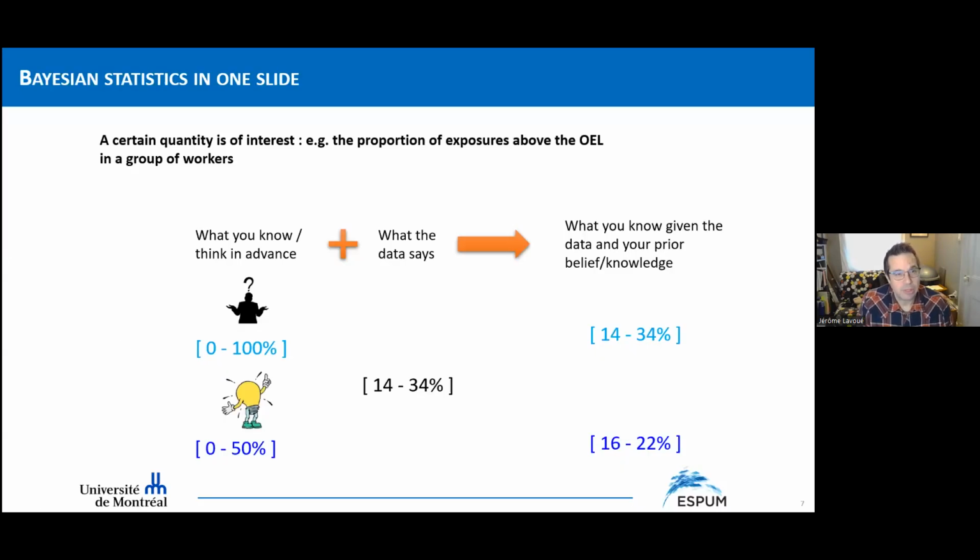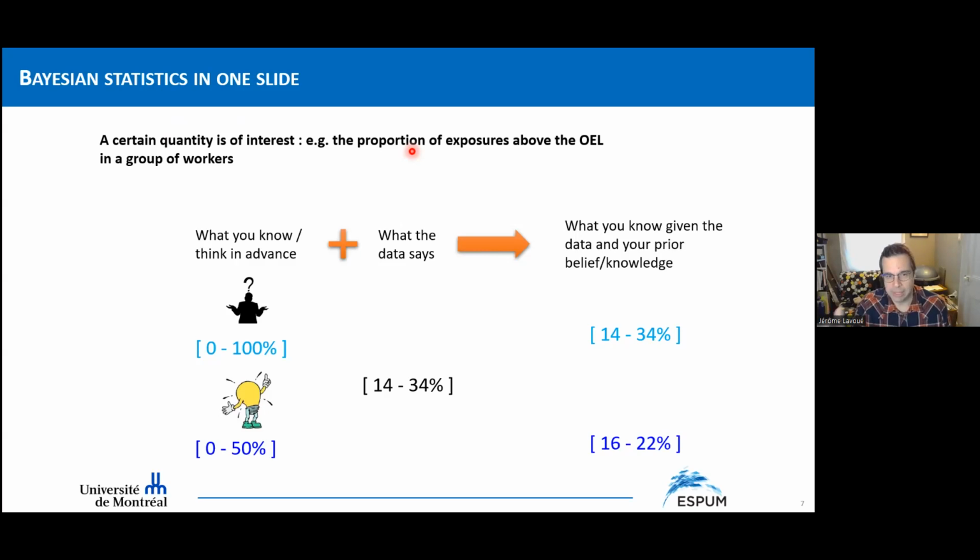So as an introduction, I'll try to give, in one slide, a glimpse of some key aspects of Bayesian statistics. So we have a certain quantity of interest, for example, the proportion of exposures above the OEL. So I'm looking at the other side of the coin, not the 95th percentile as we used yesterday, but the exceedance fraction.